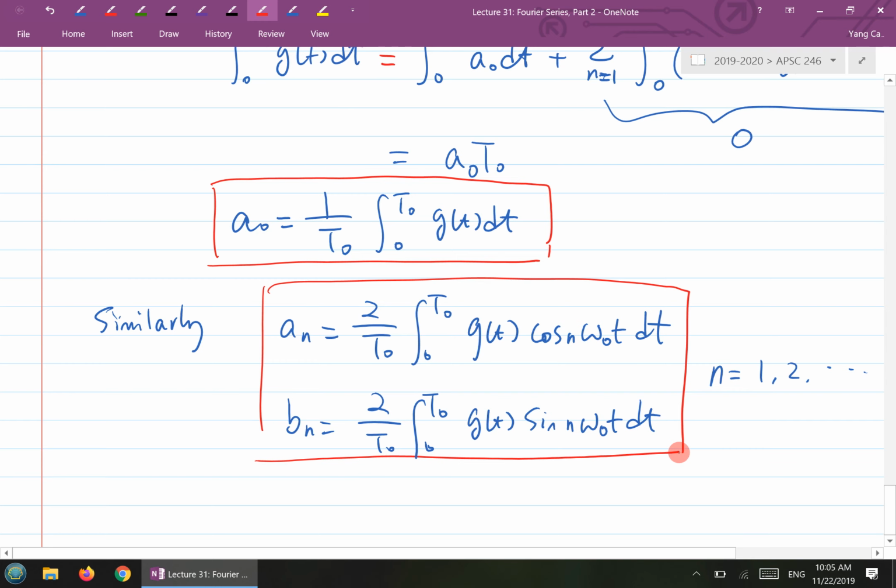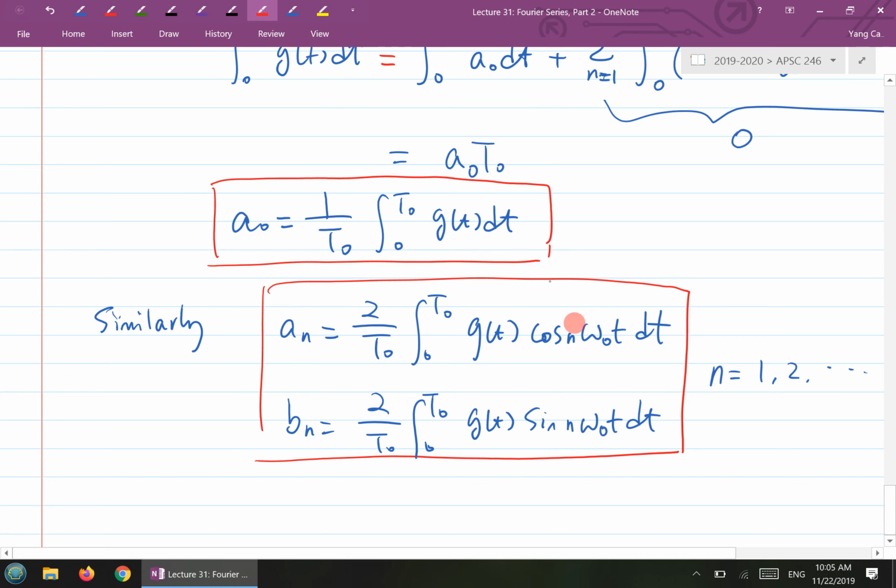Although you will have the formula, I do encourage you to write this out yourself at least 10 times. I guarantee when you are writing it, you will somehow get some kind of inspiration.